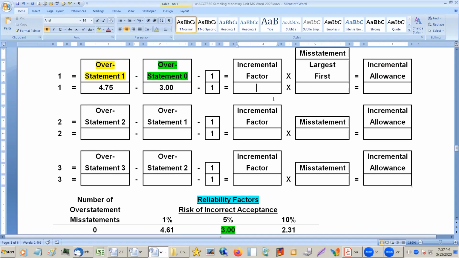This will give us our first incremental factor. I think this is 0.75. And we'll do something with this in a moment.